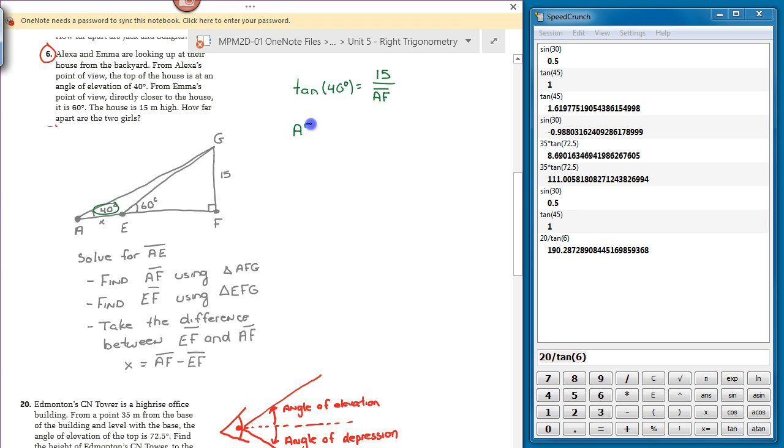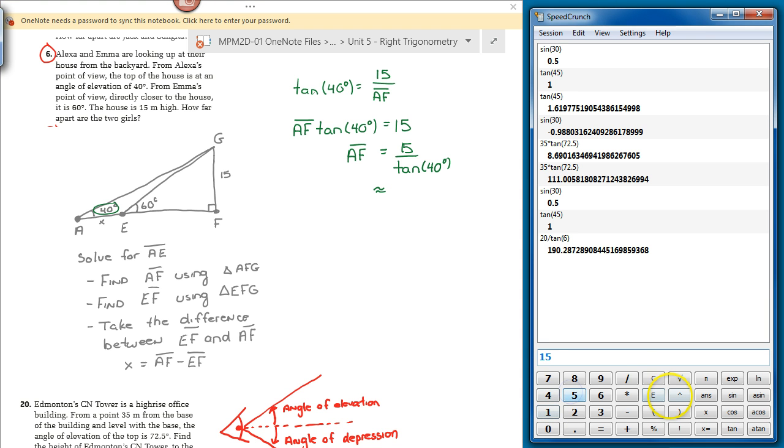So AF tan 40 degrees, so what we did was we multiplied both sides by AF here, is equal to 15. So AF is equal to 15 divided by tan of 40 degrees. And we get out our calculator and type this in. So 15 divided by tan of 40, and we get approximately 17.876 meters.